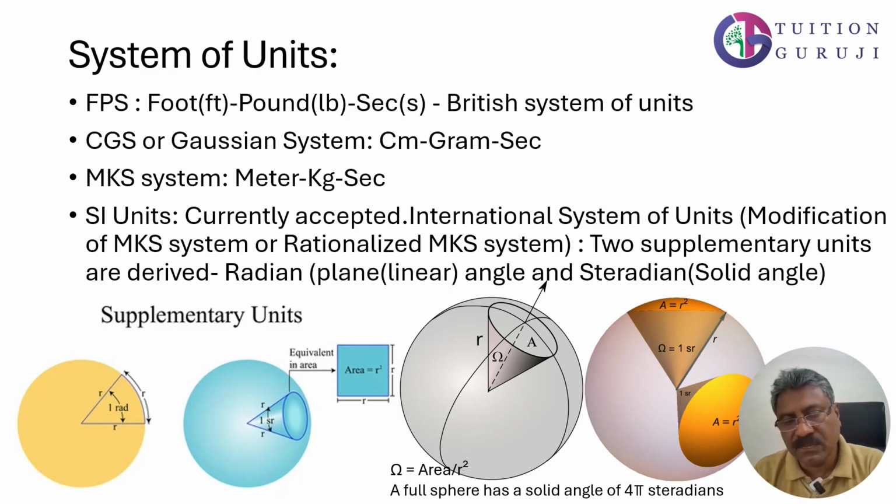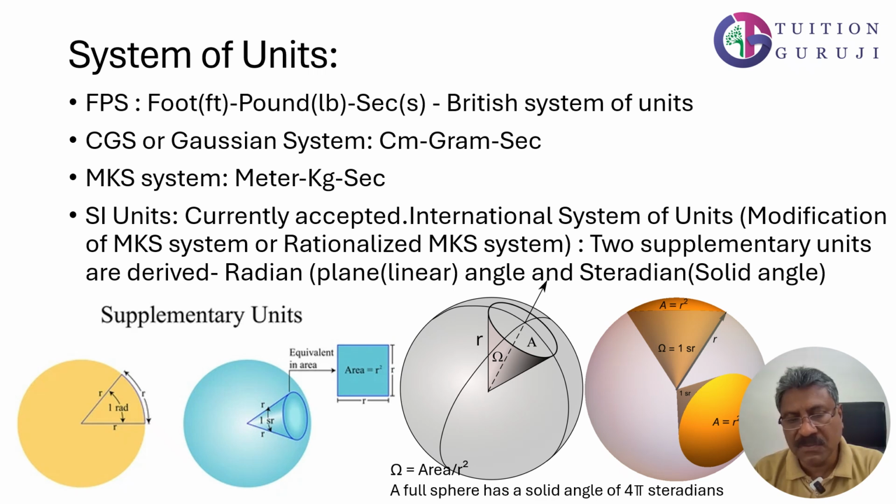So if the surface area is r square, equal to the square of the radius, then the angle at the center of the sphere will become 1 steradian.